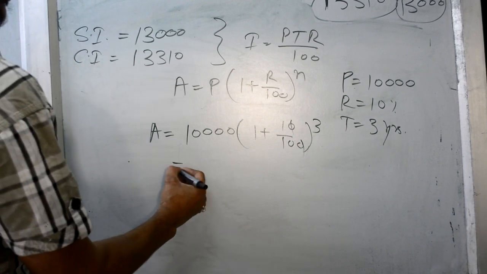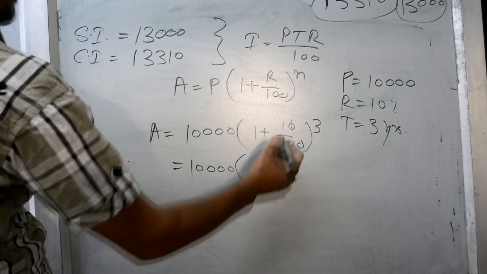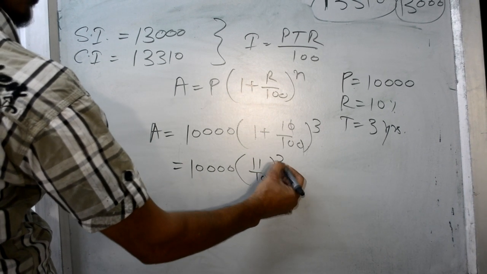In the next step, 1 plus 10 upon 100 is 1 plus 1 by 10, which is 11 by 10, to the power 3.